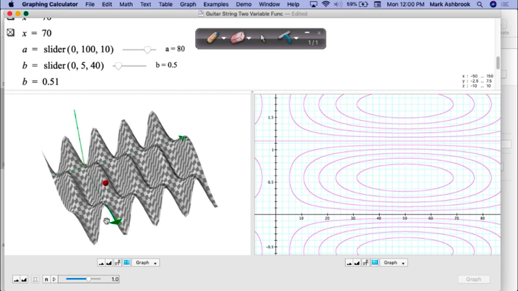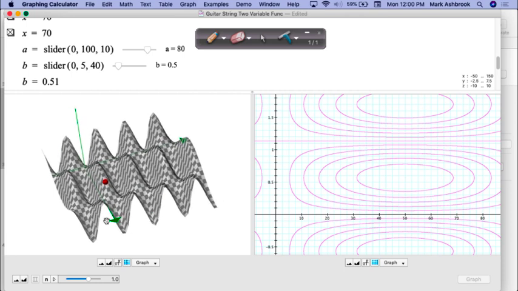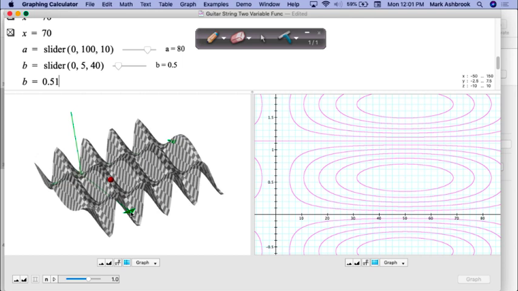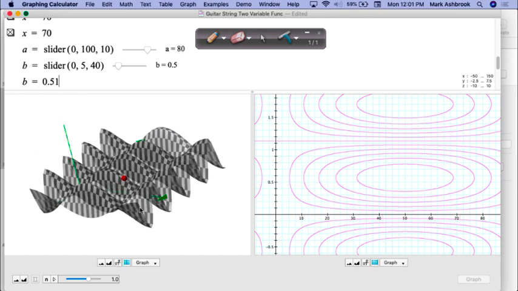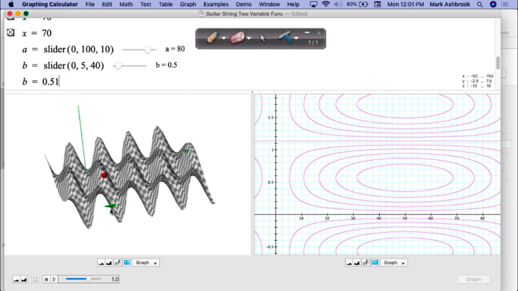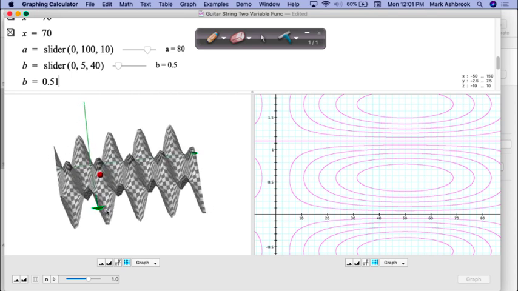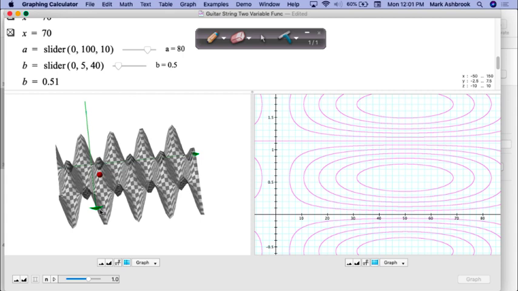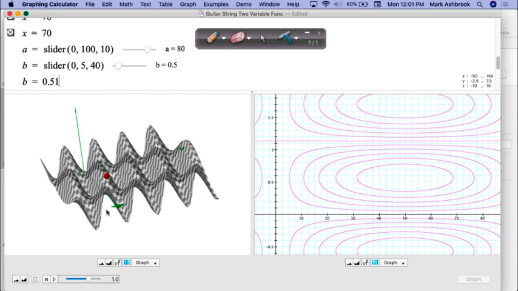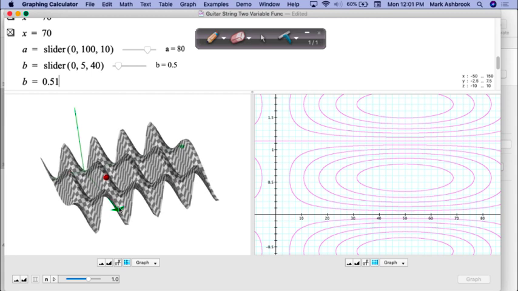So talk to me about the partial with respect to x. Yeah, John. Looks like it's negative. Why? Because when x is increasing, to the right or towards us, z is going down. So make a little change in x, which means come out this way towards you, and you ask, what does z do?